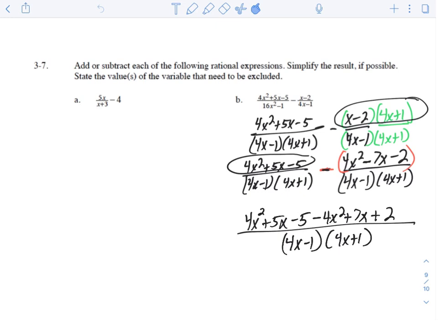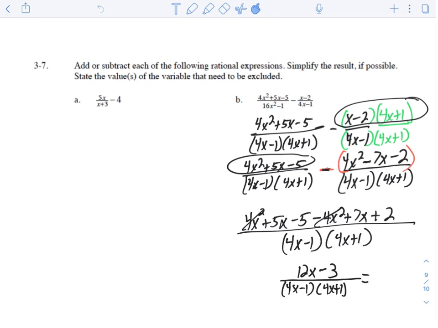Cleaning that up, in my numerator, I have a 4x squared minus a 4x squared. That gives me 0. 5x plus 7x is 12x, minus 5 plus 2 is minus 3, over 4x minus 1 times 4x plus 1.